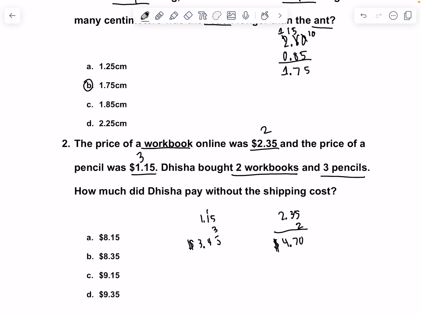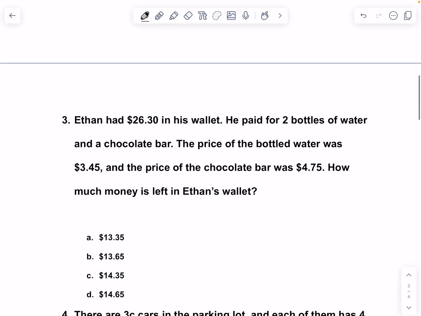And then since she's buying these together, we have to add those two values, $4.70 and $3.45. So if we do that, we'll get $8.15. So our answer would be A, without the shipping cost.